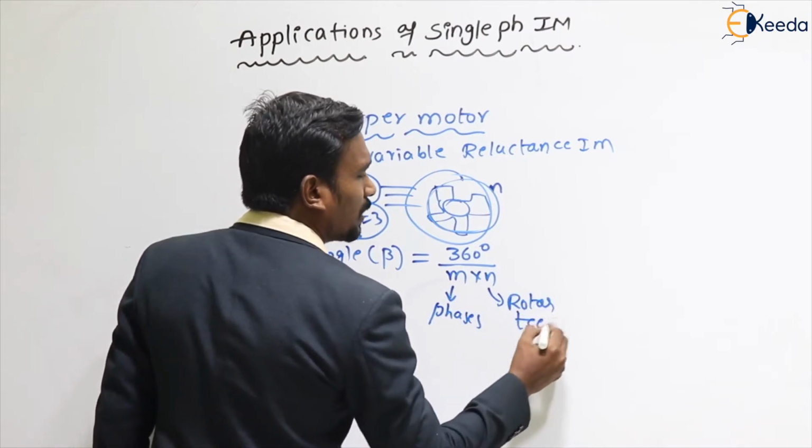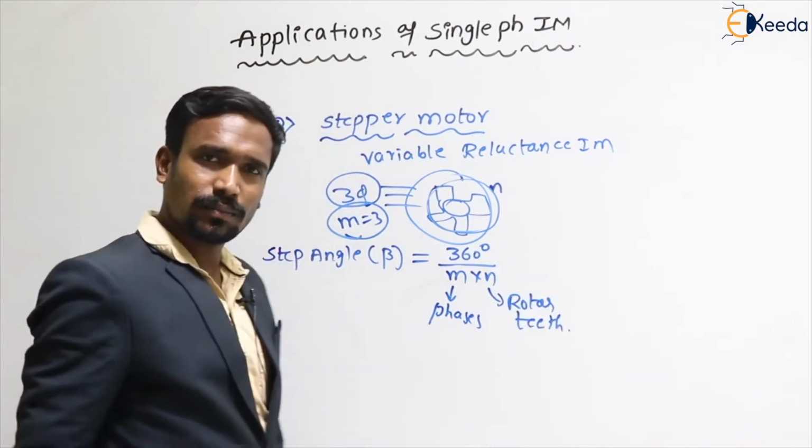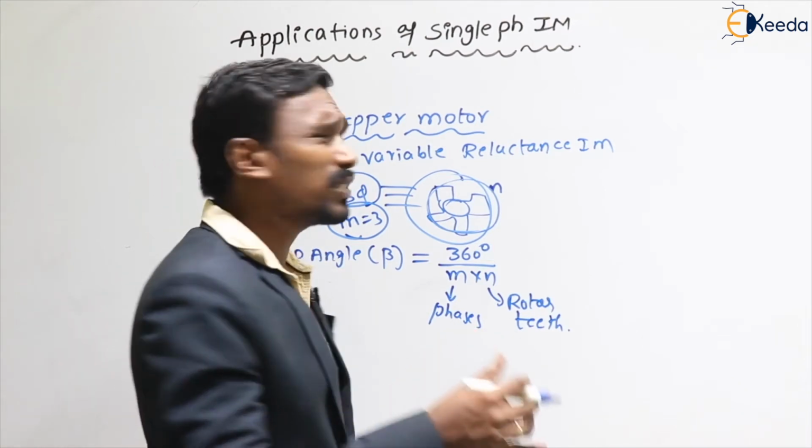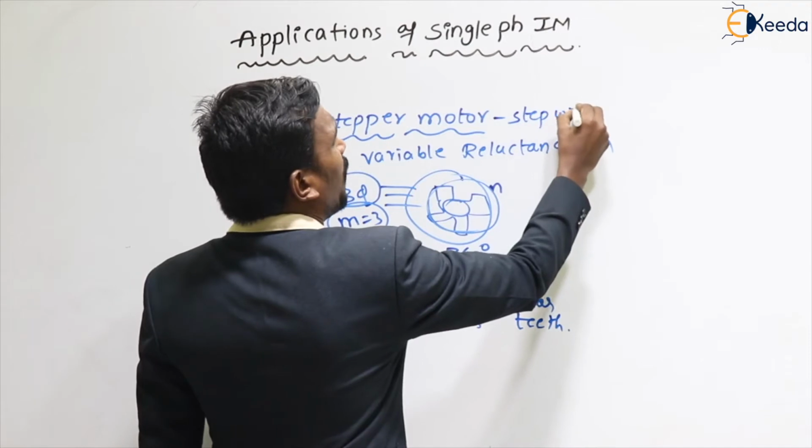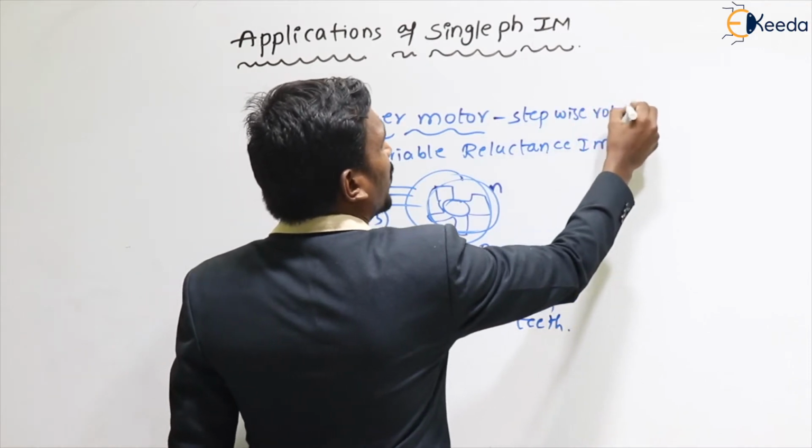It is called either poles or teeth. The stepper motor gives us stepwise rotation.